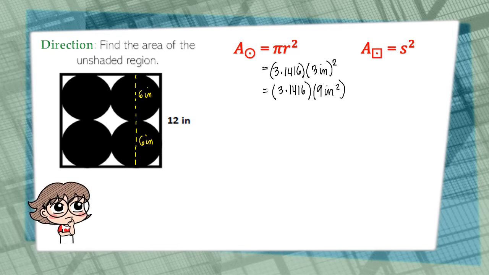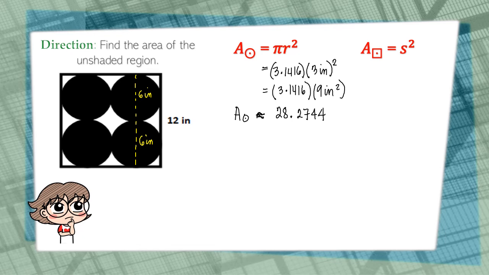And lastly, let us multiply it with the approximate value of our pi, and we would have area of a circle is approximately equal to 28.2744. Okay, so actually this is the area of one circle only, one shaded circle.